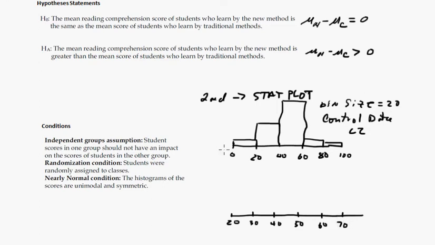I get 1, and then I get 1 again, and then I have 5, something like that, and then I go over to 7, a little bit higher, and then down to 3, and then back to 1.